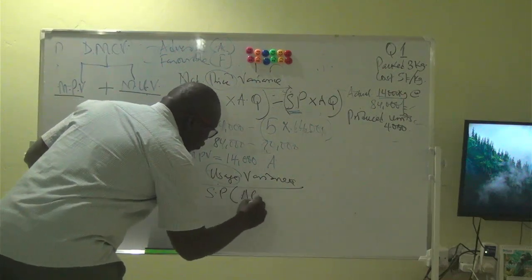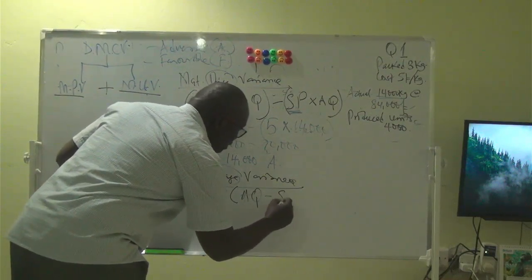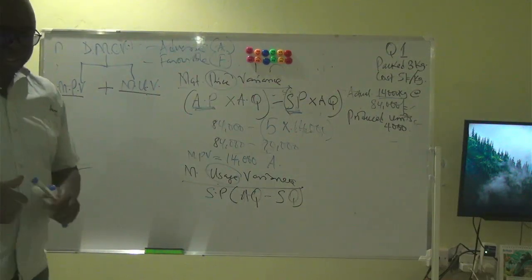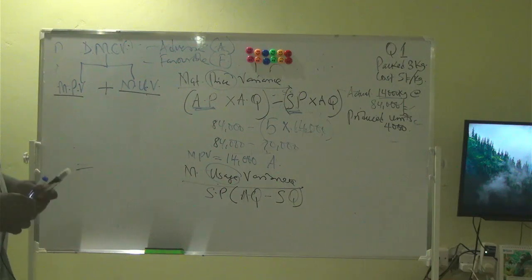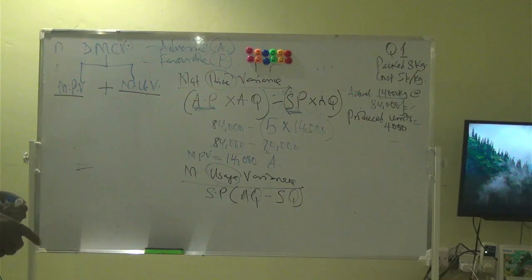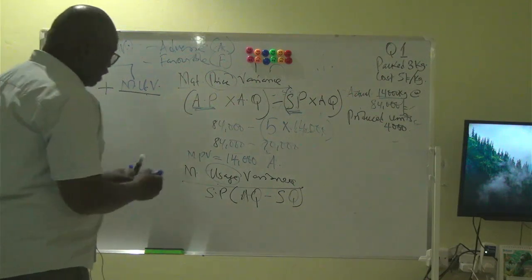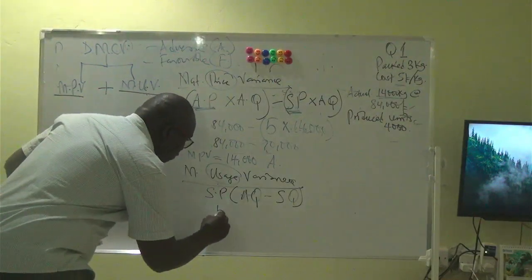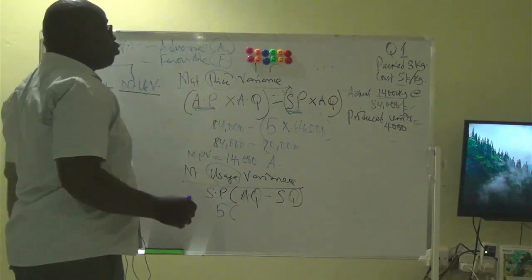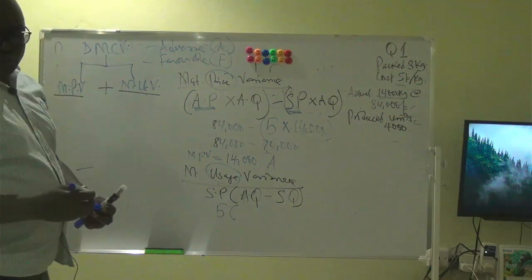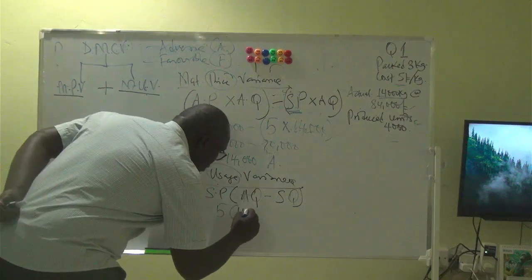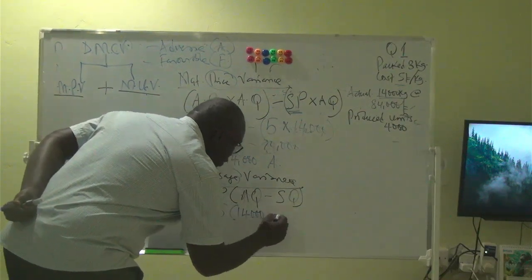The standard price, we already know, is 5. So we have 5 there. Our actual quantity, we have used 14,000 kilograms. That is our actual quantity.